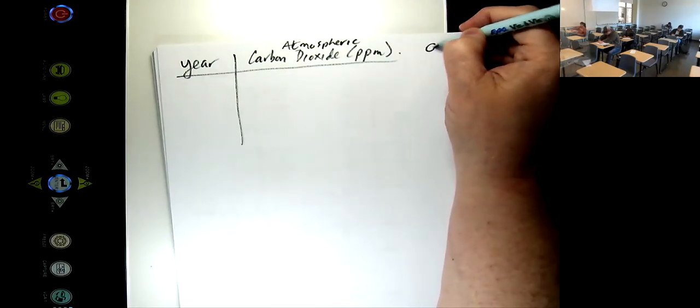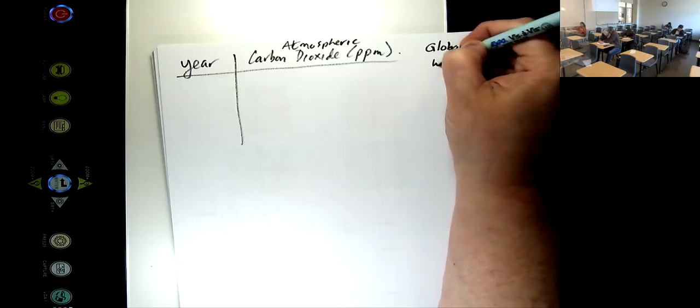Where does this come up? Global warming. They attribute higher temperatures going up due to more carbon dioxide in the air.